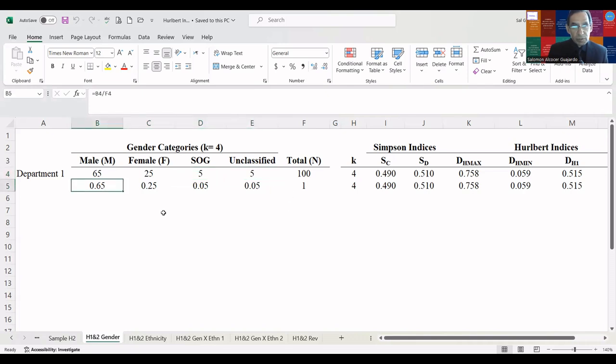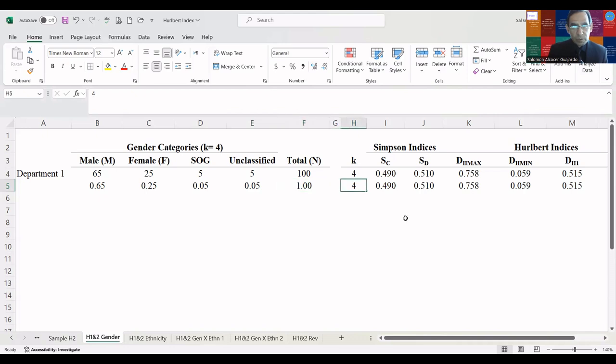So the percentage for the male group is 65%, 25% of the organization are female or women, 5% are of some other gender, and 5% are unclassified. Again, that gives me a total percentage of 100.